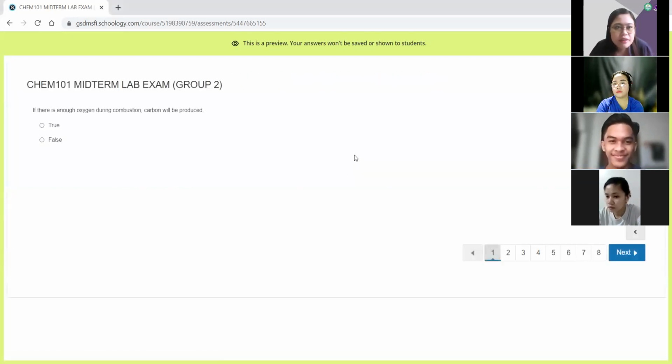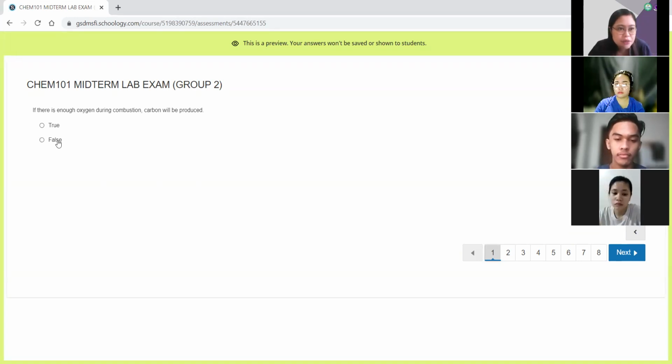Let us start. If there is enough oxygen during combustion, carbon will be produced. So this is in the use of the Bunsen burner. Ang sabi dyan, if meron ka daw enough na oxygen, may mabubuo na carbon. Remember, carbon is also called soot. It's the black matter that will be deposited sa iyong glass na laboratory equipment or kung nagluluto ka doon sa kaldero mo.